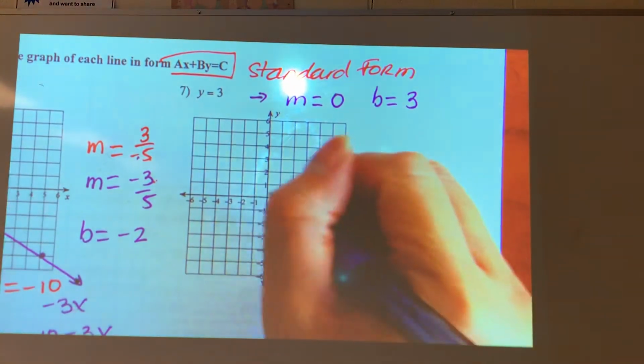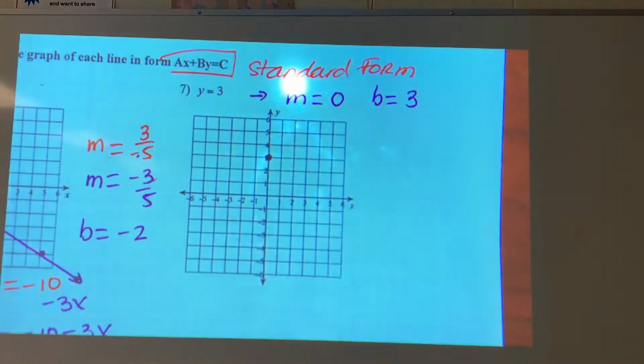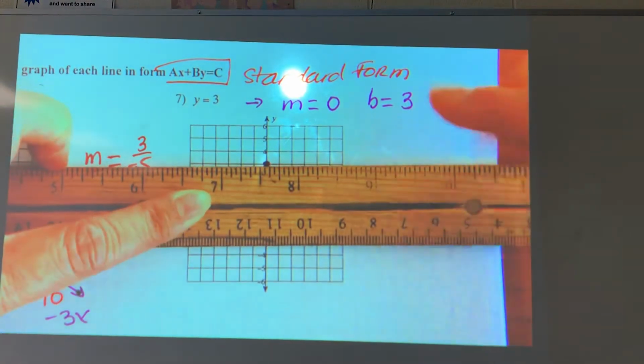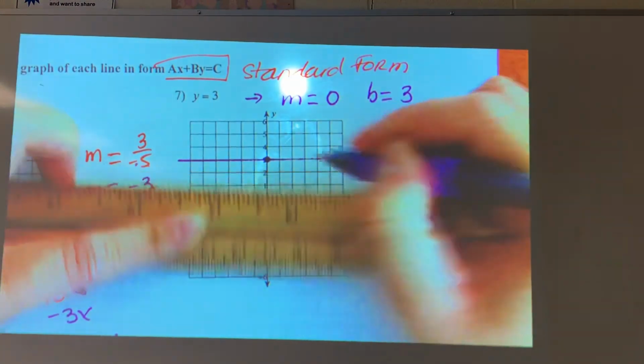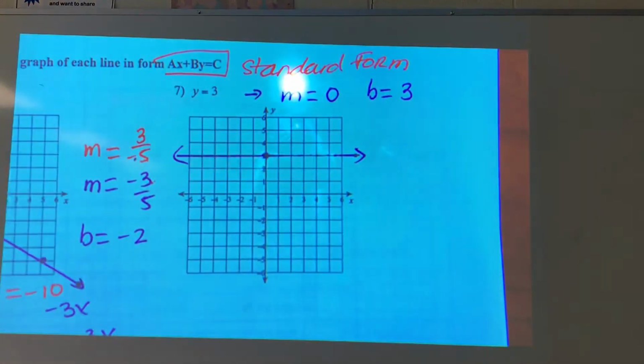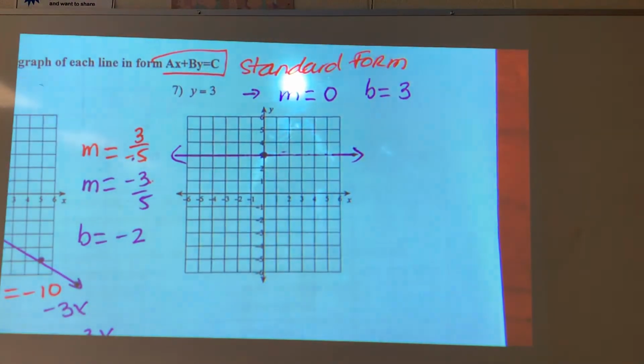So I'm going to start with 3 right here. The slope is 0, so do I move up or down? No, right? So it's just a straight line, a horizontal line, because I don't get to move up or down. I can only go to the left or to the right. So this one is a horizontal line. It's a special line.